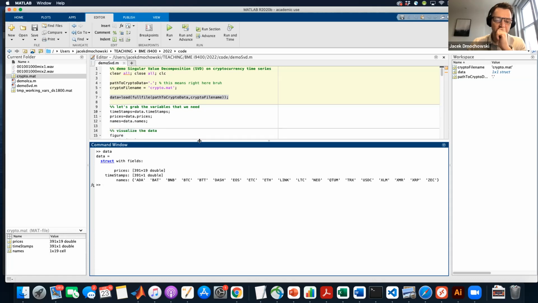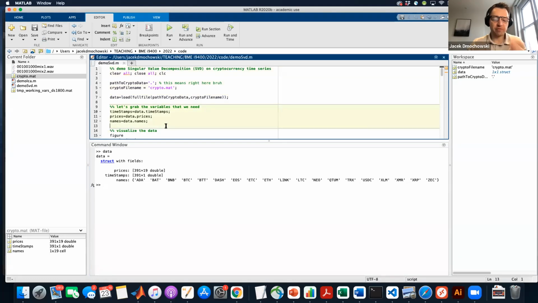Before we actually visualize the data, I don't want to have to deal with this struct forever in my script. I just want to rip out the variables that I need, which in this case are all three of them.